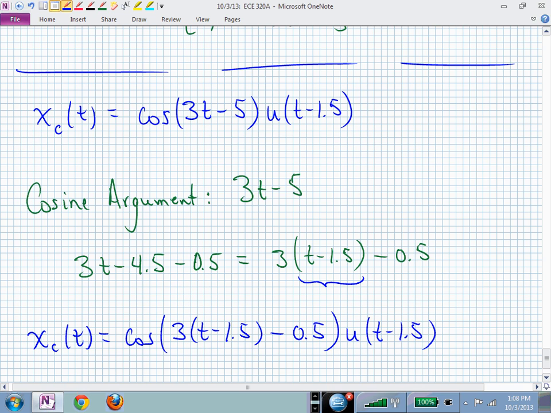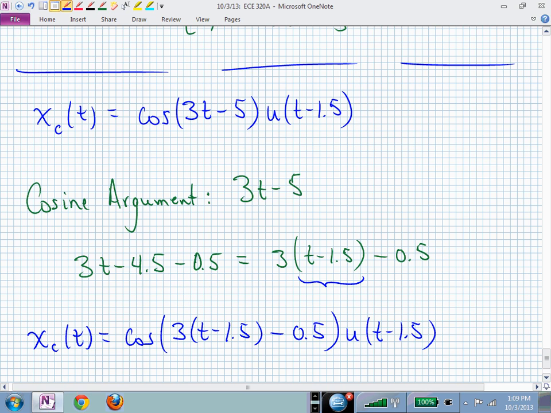Oh, 328. We need to Laplace transform this cosine. How are we going to do that? If that minus a half wasn't there, we'd be okay. This is why you have to go back to your 4th grade trigonometry class and remember how to convert cosines, the cosine of a plus b.